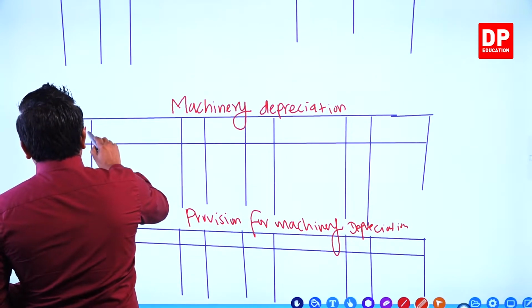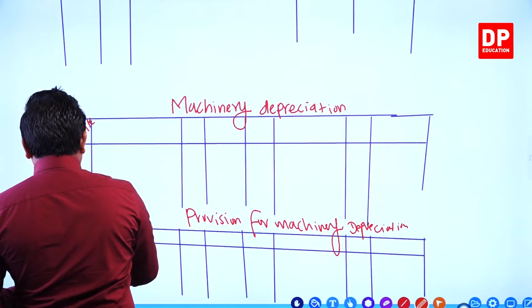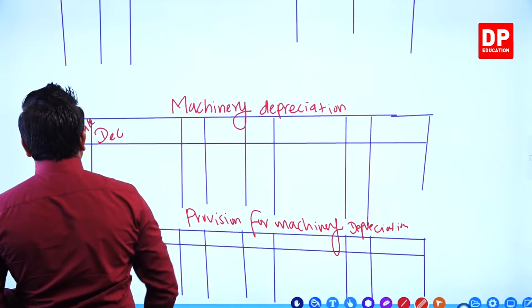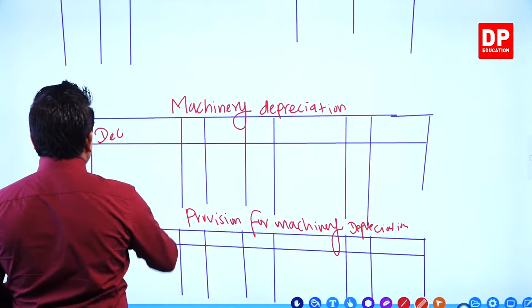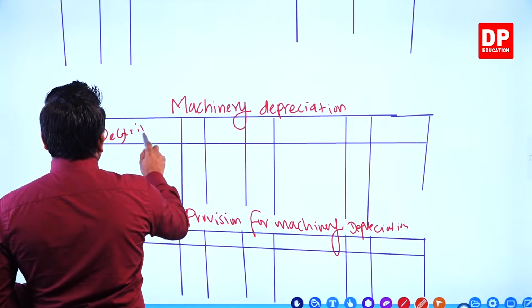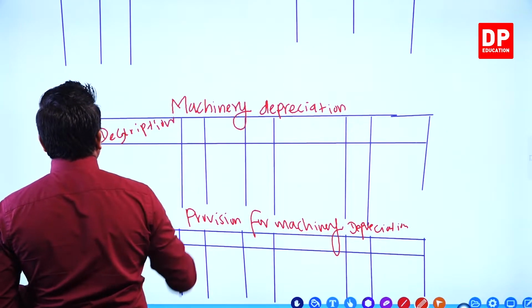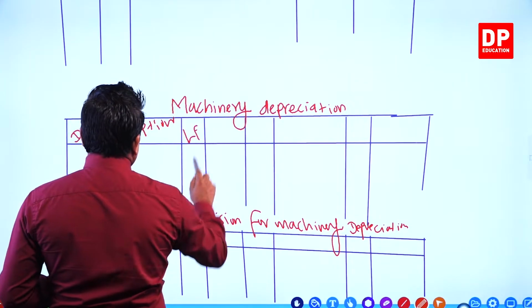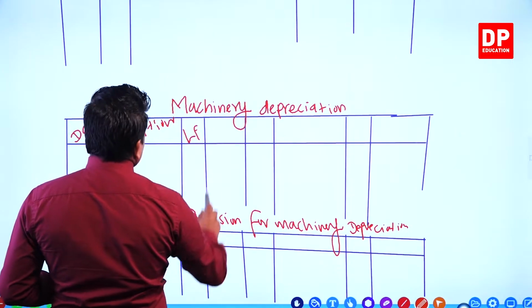Date, here also date. Description, right? We are talking depreciation, but in the account we write description, right? Here ledger folio, here also ledger folio.